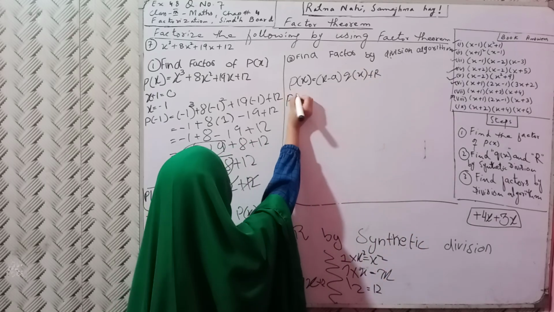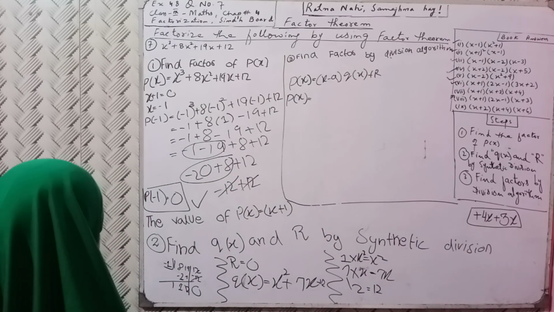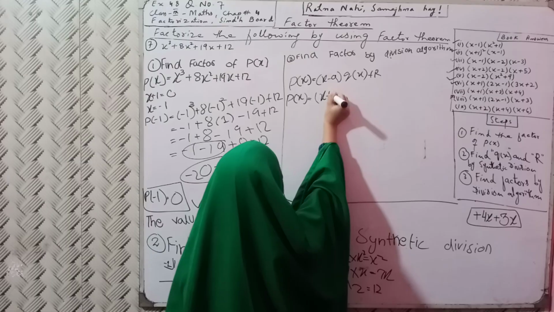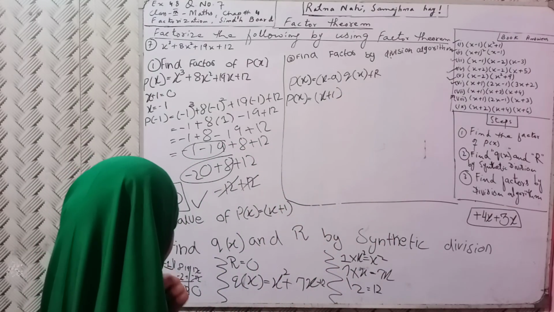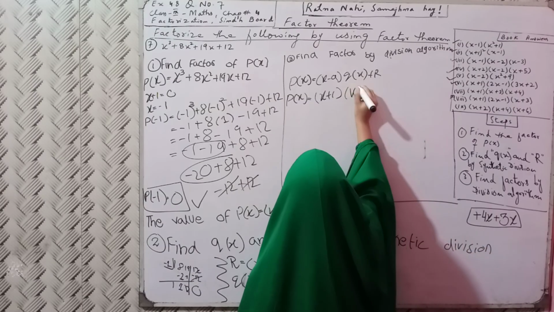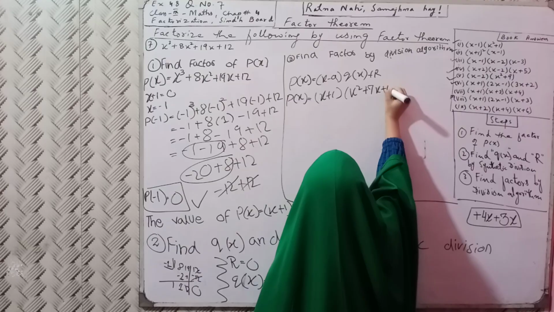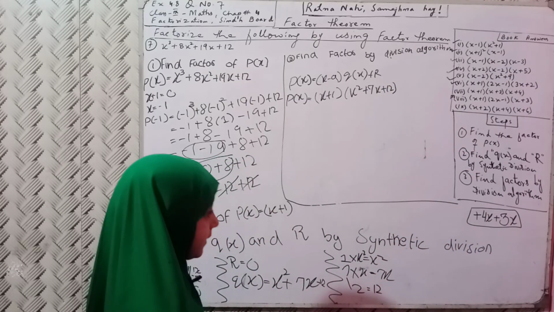Then here p(x) is equal to (x plus 1) times (x square plus 7x plus 12). Then we will make the factors of x square plus 7x plus 12.